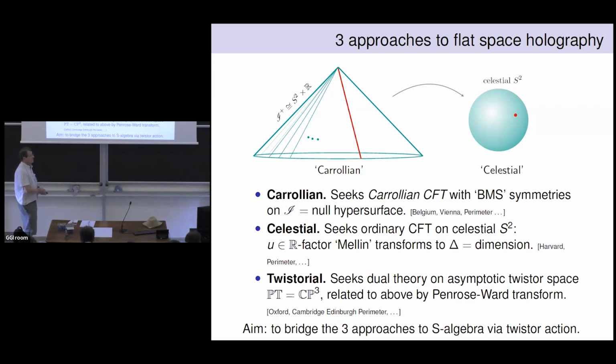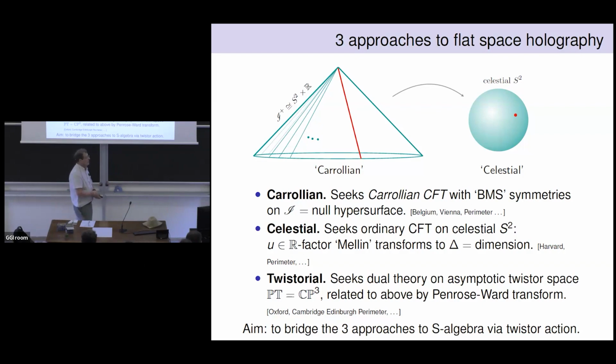And the relation between the two is really just to get rid of the r factor in the Carrollian case and put it somewhere else in the celestial case. Now, twistor theory sits very naturally in relation to both approaches, as I'll hopefully explain.